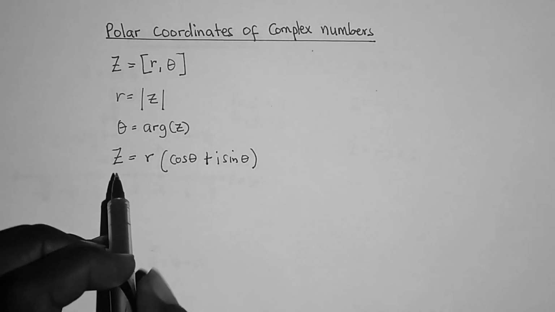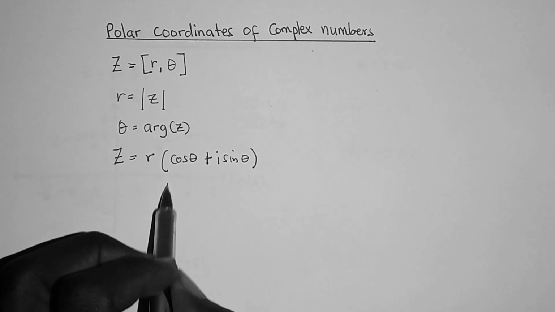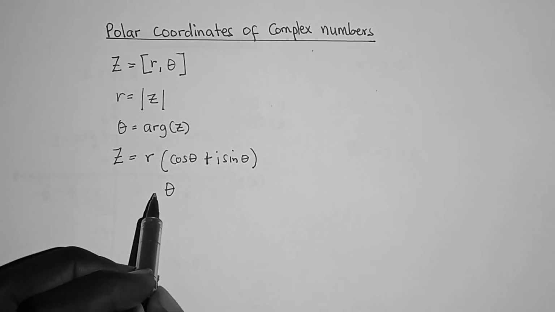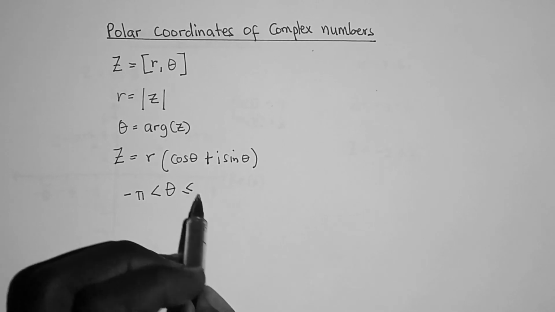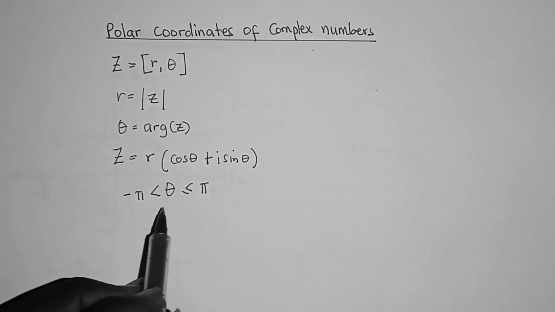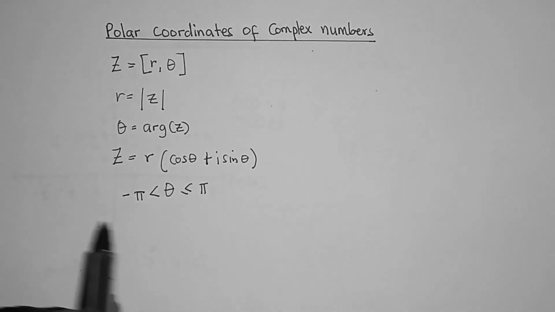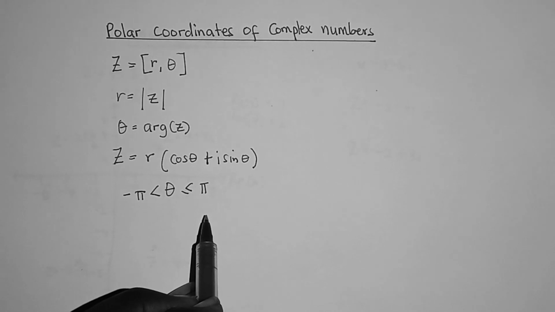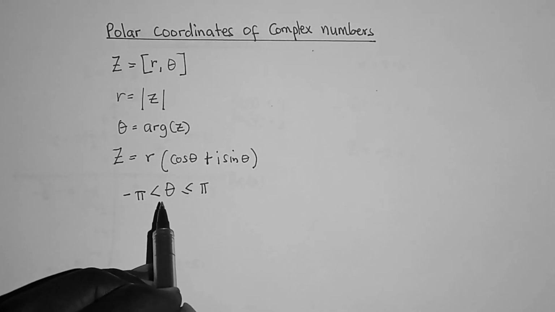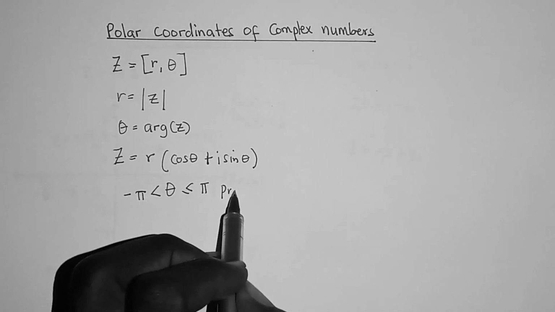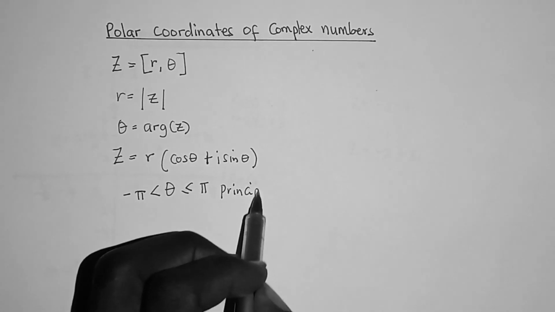Now, theta has a limit, and the limit of theta is between minus pi and pi. So theta is greater than minus pi, but less than or equal to pi. This form of theta is known as the principal argument.